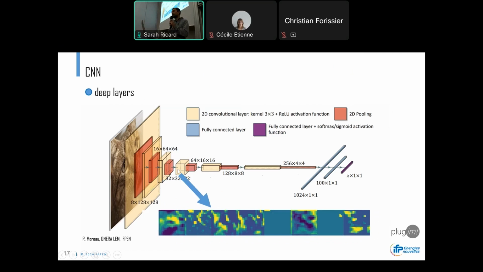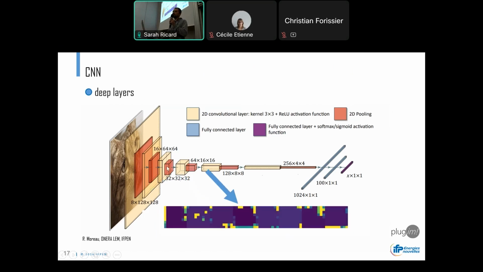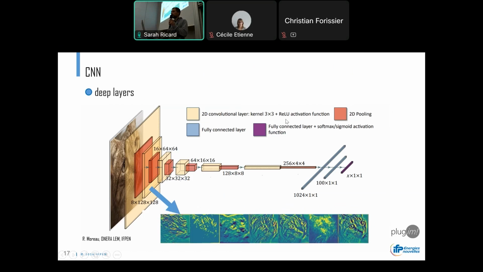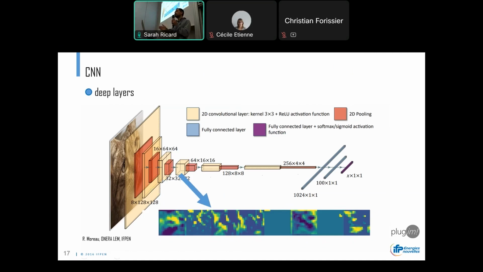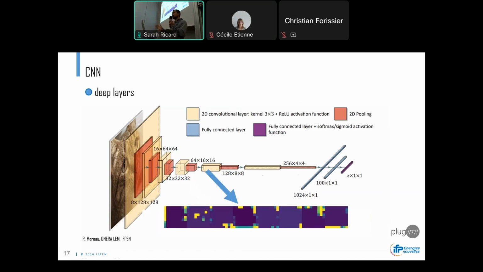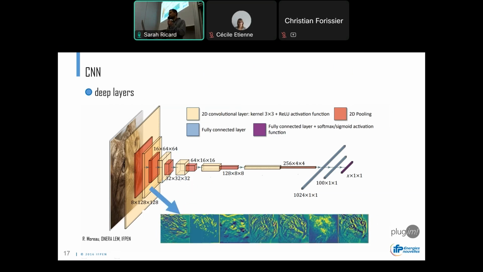So here in this block, it's not only convolution, it's convolution plus what we call ReLU. So it's just a threshold. So for instance, ReLU, you have the result of your convolution and you take only the positive part. If it's negative, you take 0, okay? You can also use what we call batch normalization.